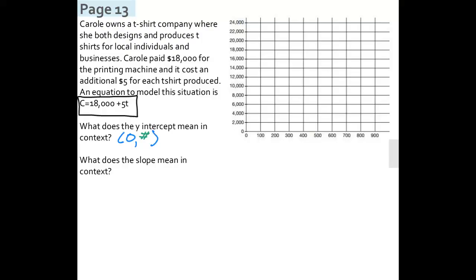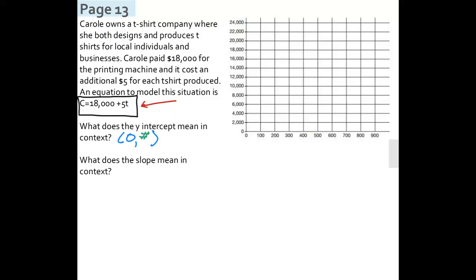So if x is 0, what is my x value up here in this equation? In this equation right here, 18,000 plus 5t equals c. What is my x? What is the x value? Which one represents the x?